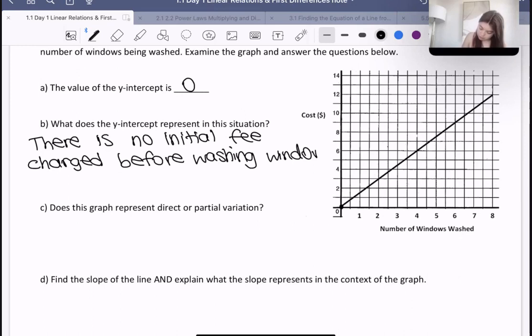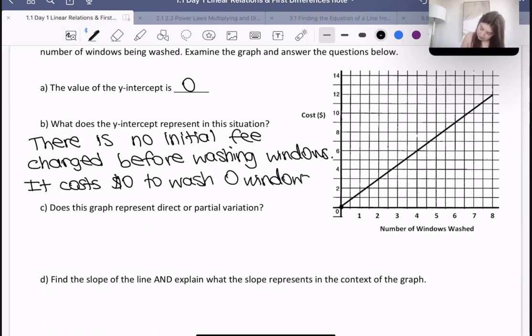Or another way we could put it as well is we could also say that it costs $0 to wash 0 windows.